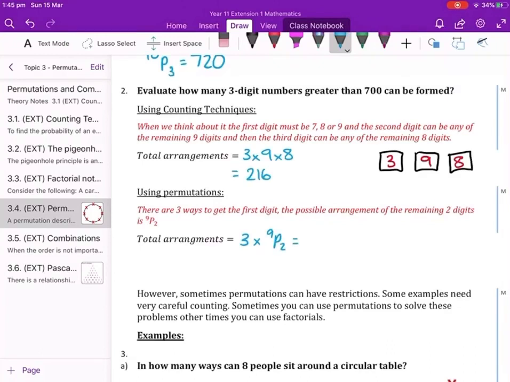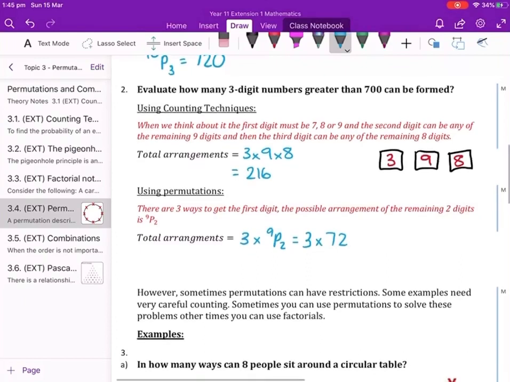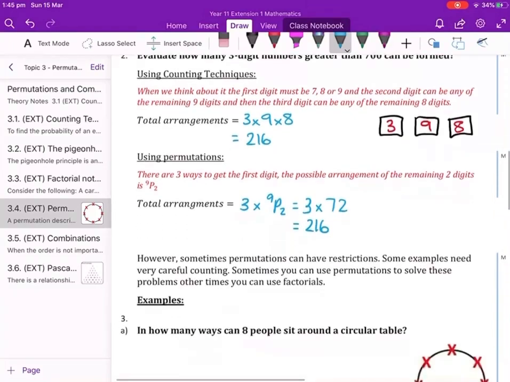When we put this into our calculator, we keep our 3 as 3, and then to calculate 9P2 we use shift times and get 72, and so 3 times 72 equals 216. And as you can see, the counting techniques and using permutations are exactly the same.